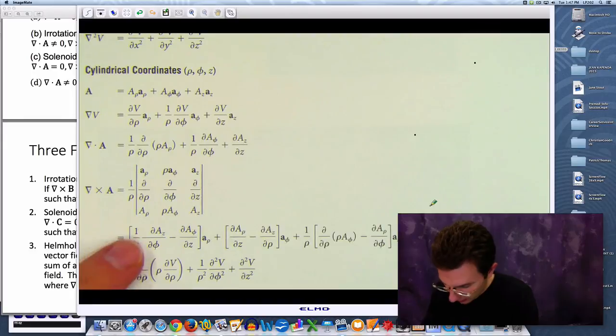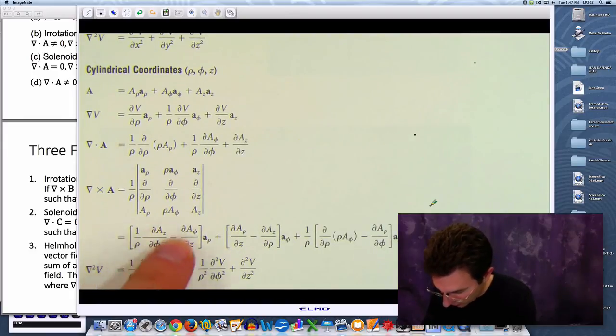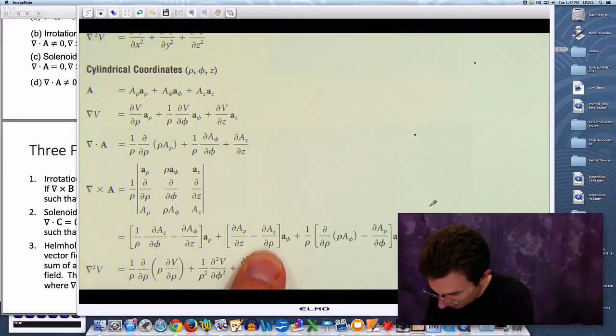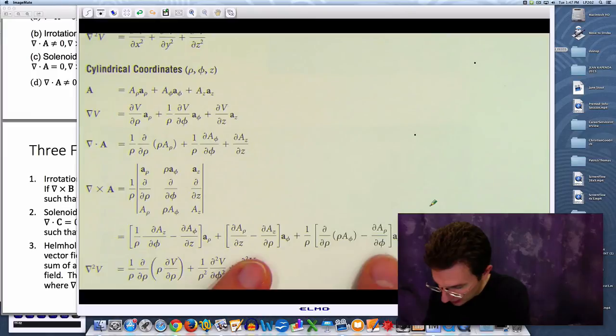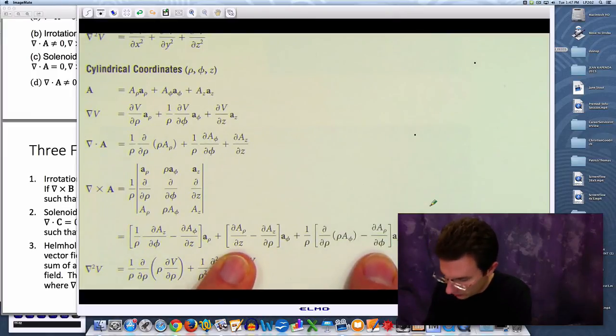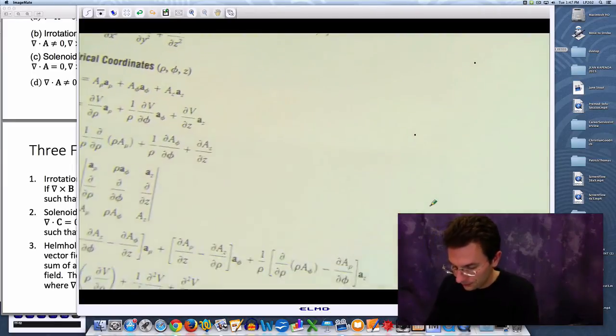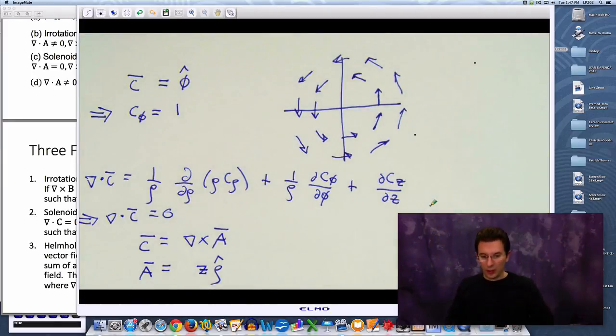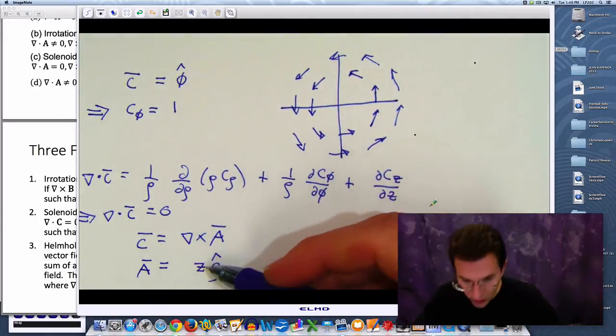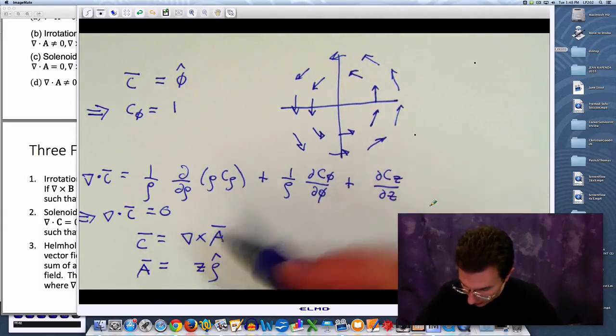So this term is 0. There's no Z component. There's no phi component, so that piece is 0. That piece is 0. And so the only possible non-zero terms are right here: the partial derivative of the rho component with respect to Z and the partial derivative of the rho component with respect to phi. Well, the partial of Z with respect to phi is 0, okay?